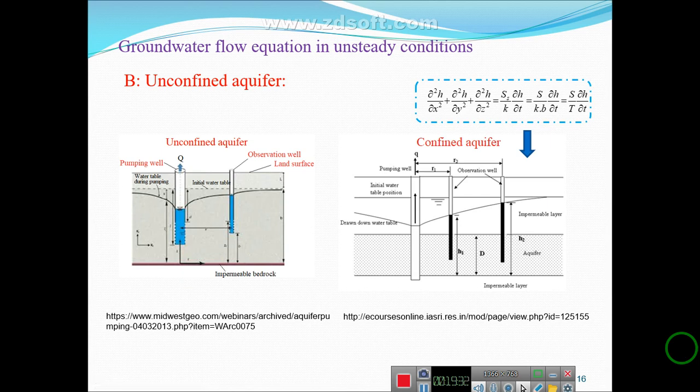Therefore, transmissivity in an unconfined aquifer changes due to its variable thickness. So, the equation which is used for confined aquifer cannot be applied for unconfined aquifers.